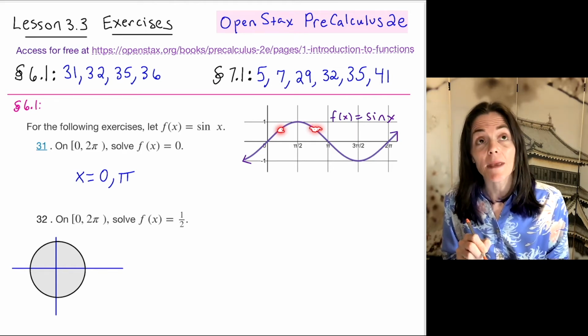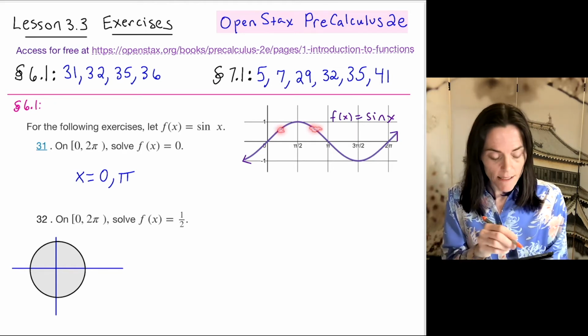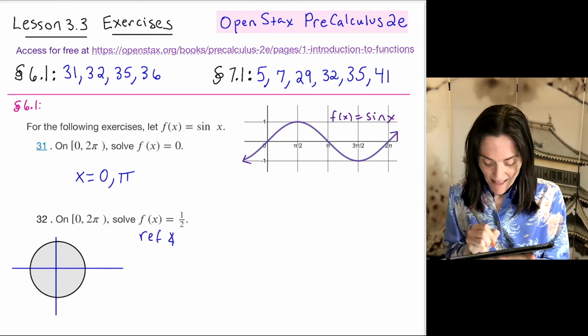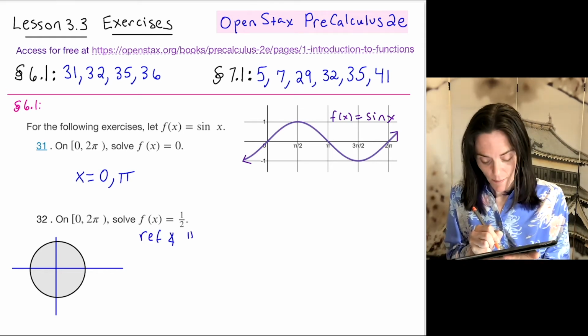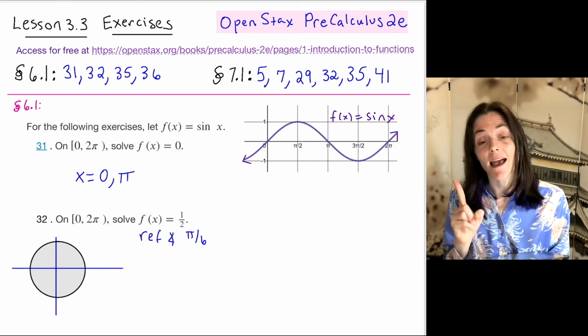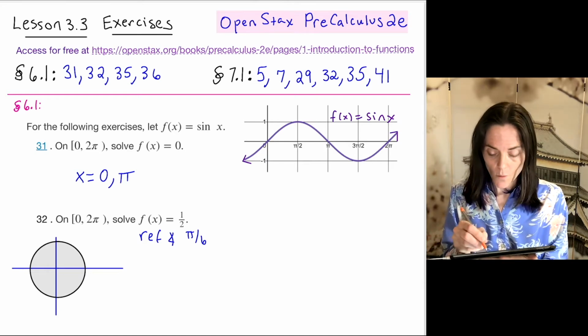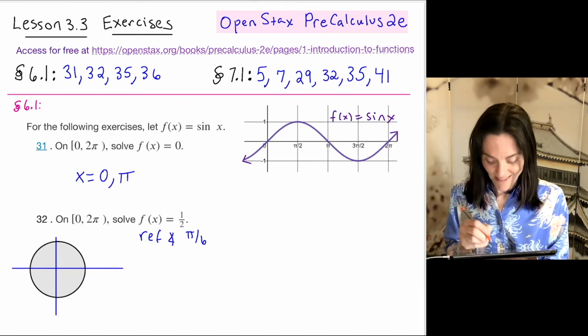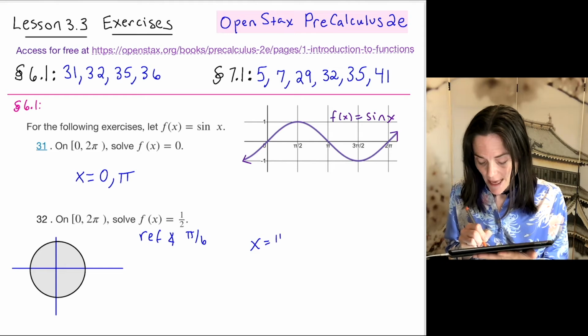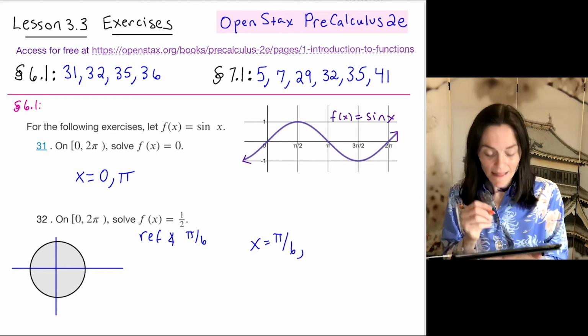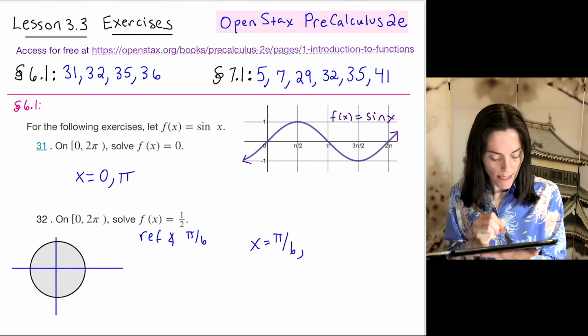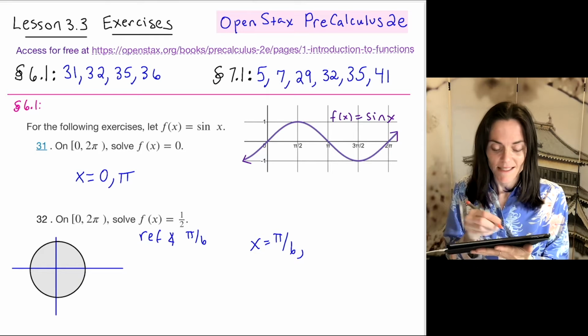But the sine being a half says the reference angle is pi over 6. Pi over 6 is where the sine is a half, cosine is square root 3 over 2. And so one answer would be pi over 6 exactly. But the other one, let me sketch my two here.